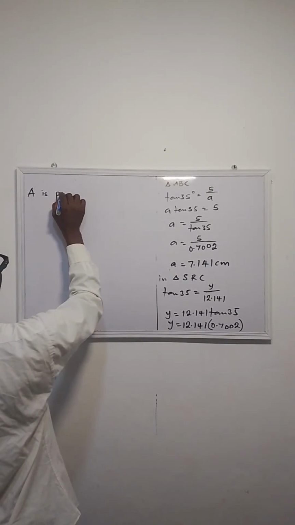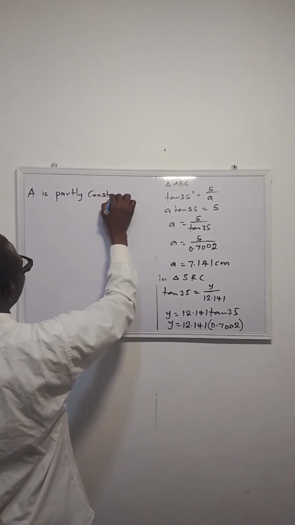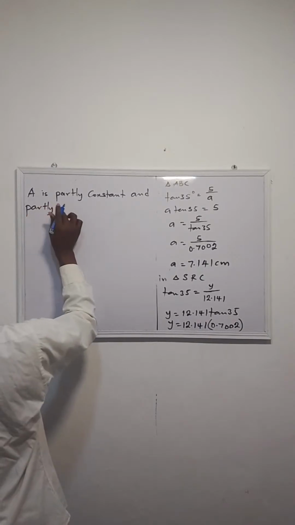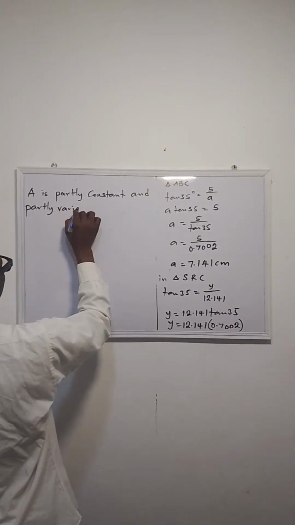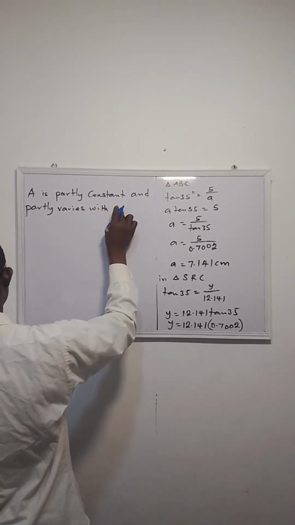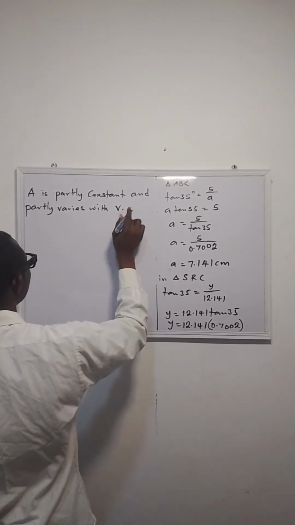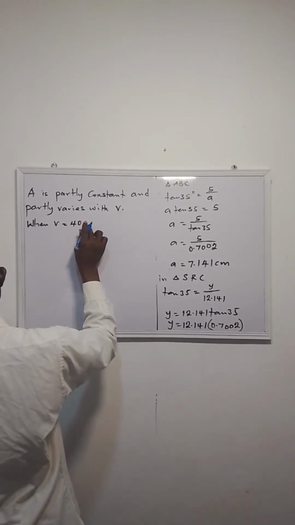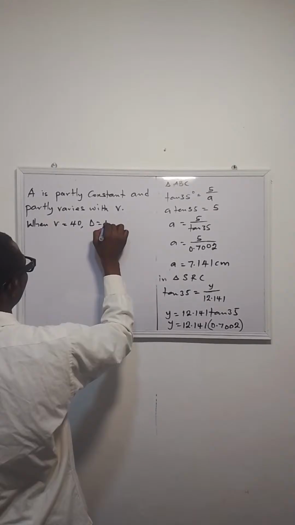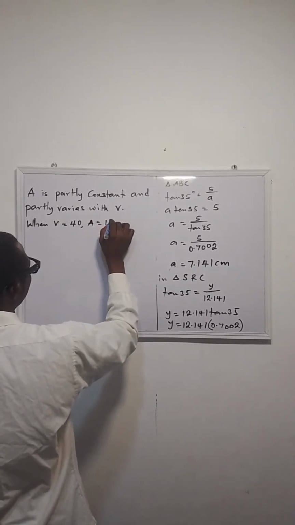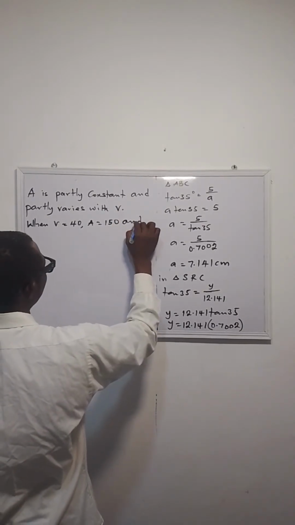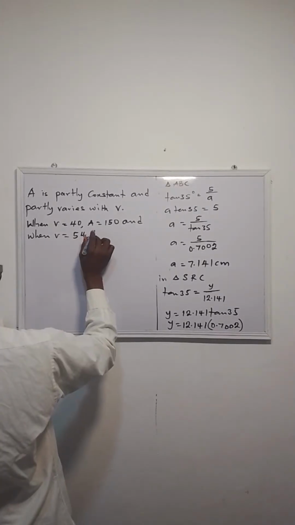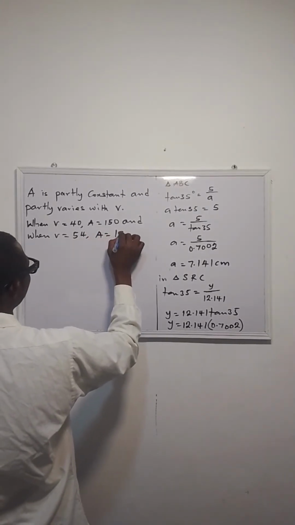A is partly constant and partly varies with V. So when V equals 40, D equals 1, A equals 150, and when D equals 54, A equals 192.